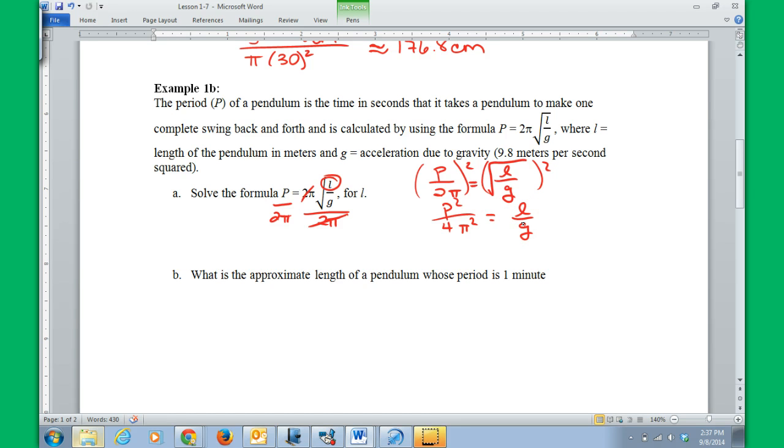Remember, we're solving for L. How do I get rid of that G? Very good. So I'm going to times both sides by G. So now my final answer is L equals G times p squared over 4 pi squared.